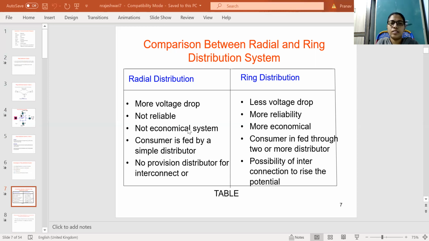Radial distribution systems are not economical, and ring main distribution systems are more economical. In radial, the consumer is fed by a single distributor, and in ring, the consumer is fed through two or more distributors. In radial there is no provision for interconnection, and in ring there is the possibility of interconnection.